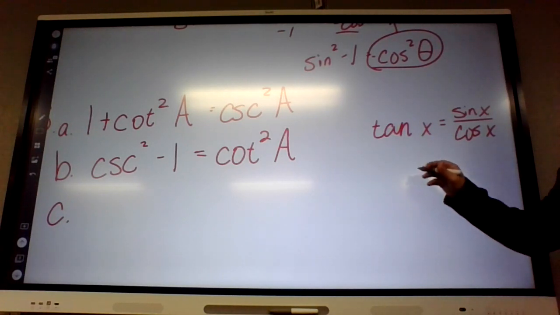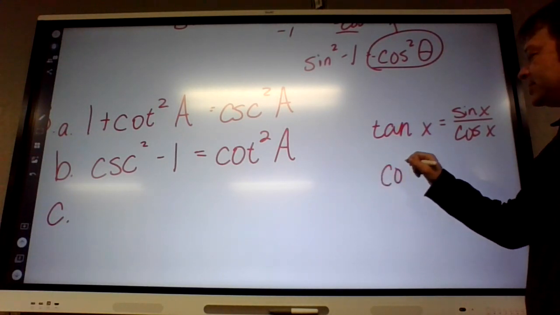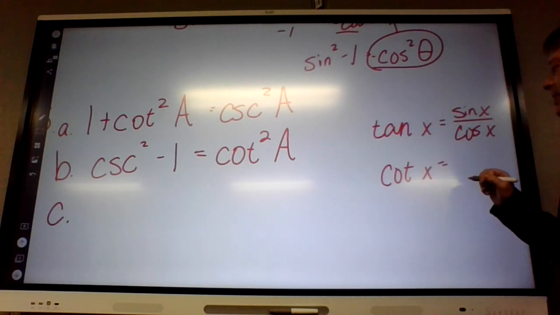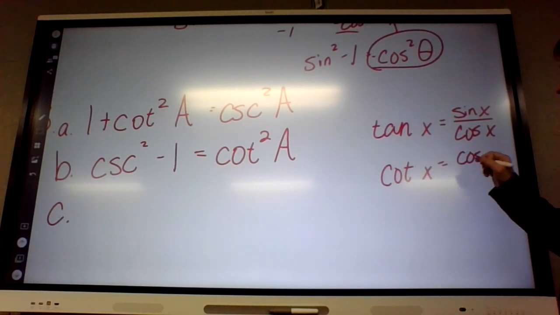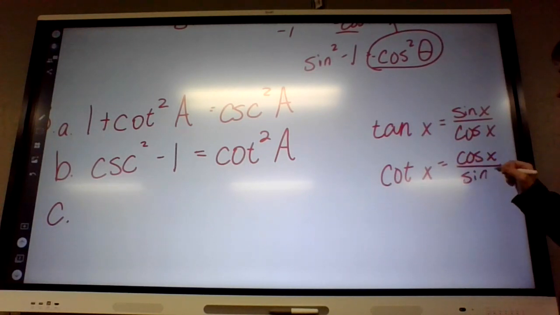Which means cotangent, what do you think cotangent would be equal to? Cosine over sine. That's the other one I had memorized. Tangent is equal to sine over cosine.